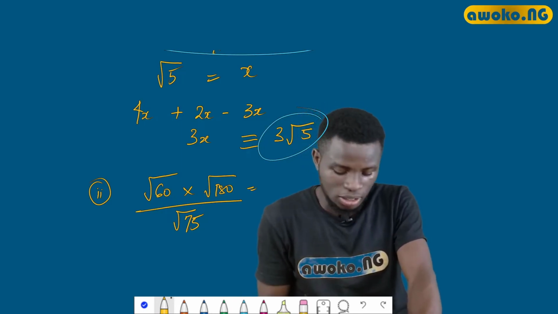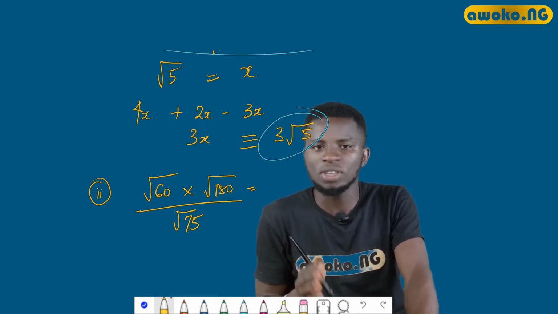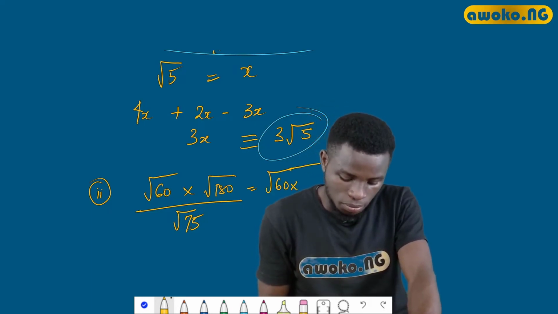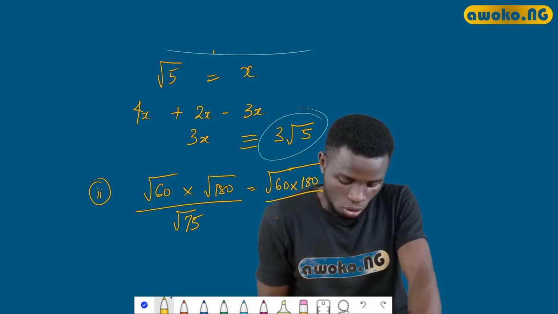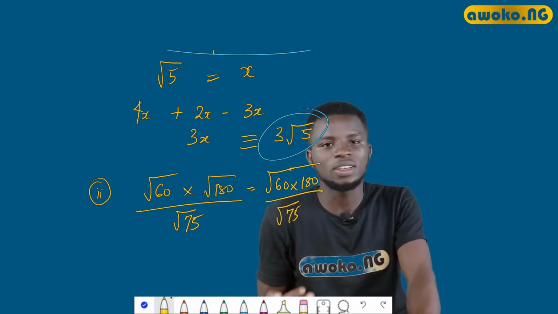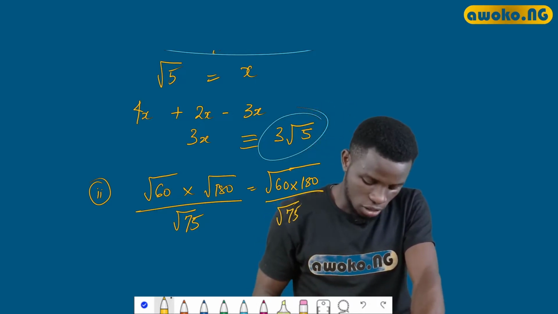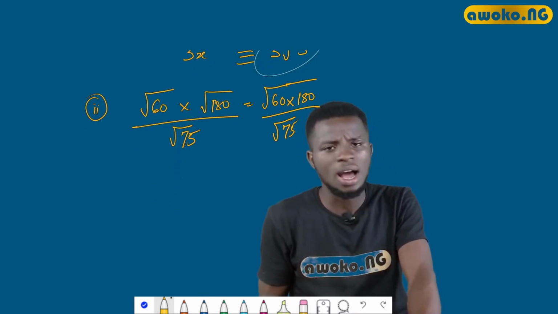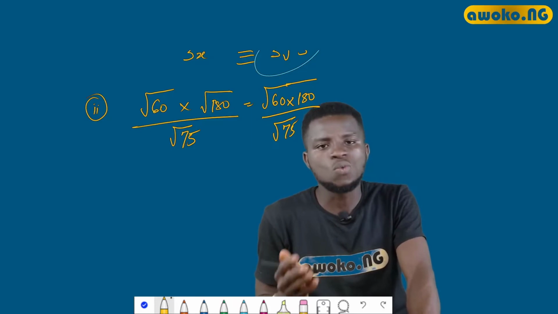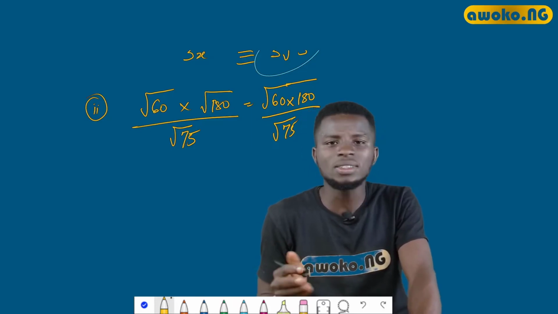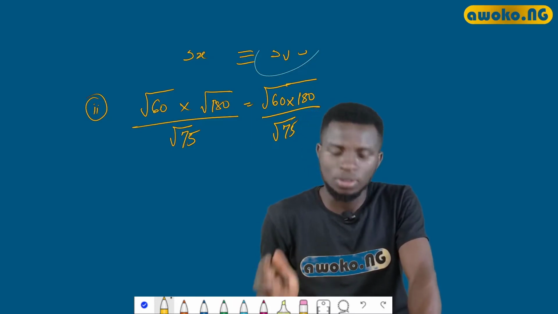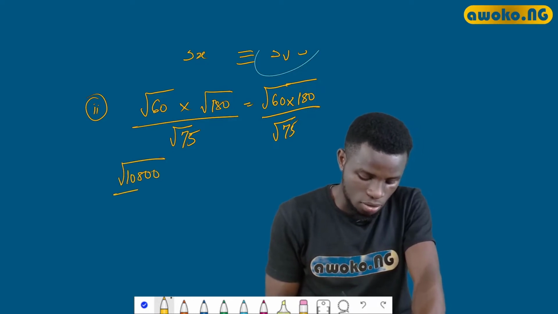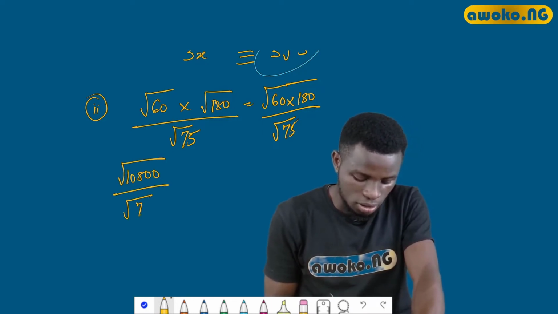So multiplying the numerators together, this will give us the square root of 60 times 180, all over the square root of 75. And 60 times 180 is equal to 10800. So we have the square root of 10800 all over the square root of 75.